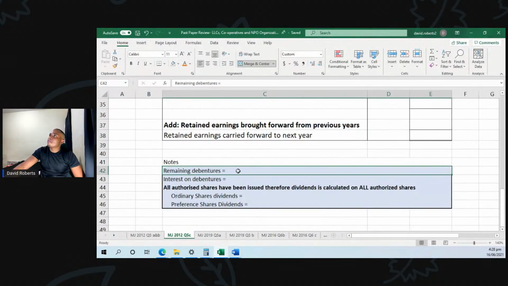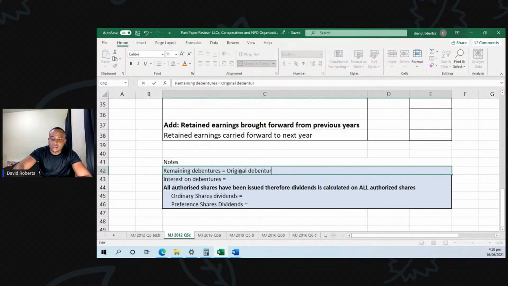So the remaining debentures is equal to how much? That's correct. We have the original debentures minus the bought back debentures. This equals the 41,000 we had originally for the loan, minus the 21,000 that was sent back.